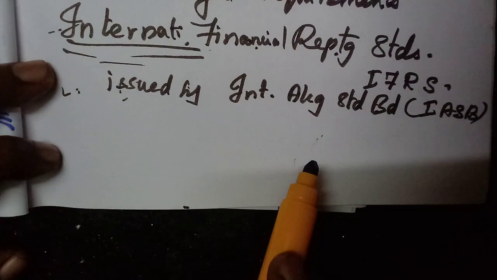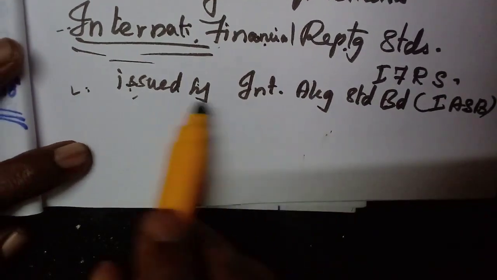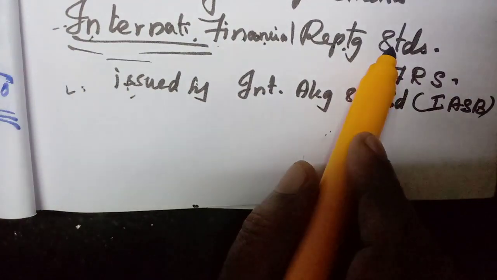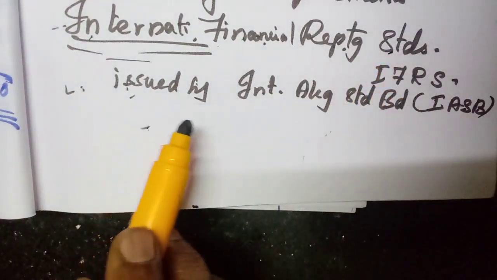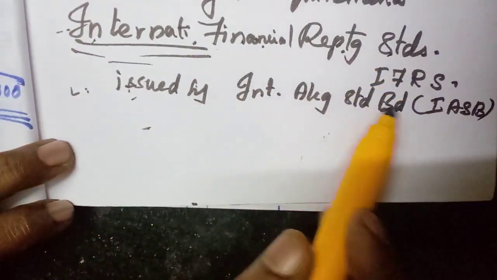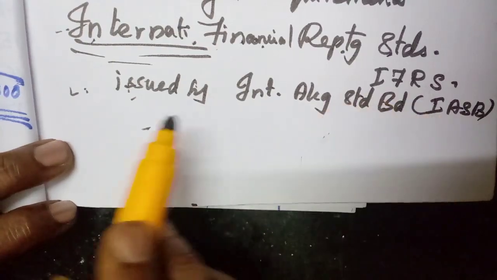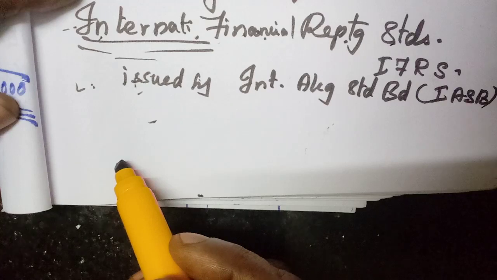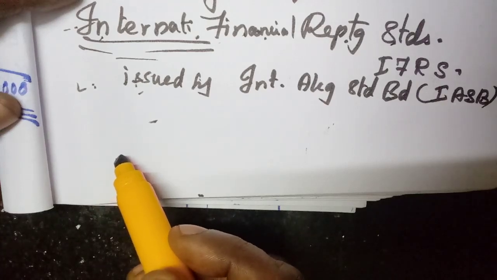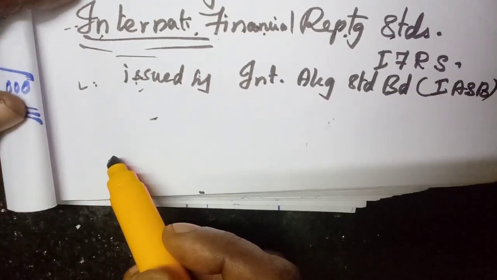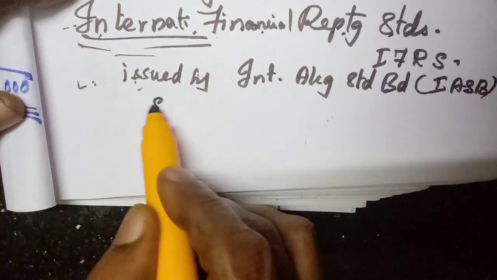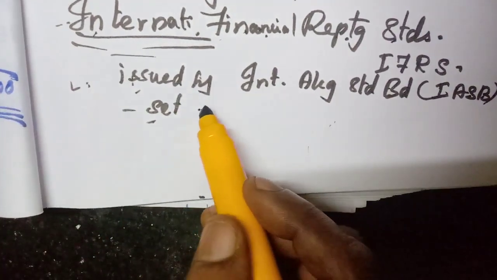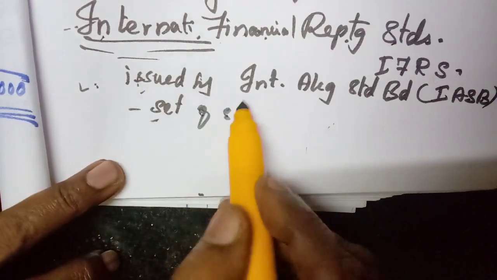Who is issuing this one? These International Financial Reporting Standards are issued by the International Accounting Standard Board, IASB. Now we should know what International Financial Reporting Standards are. They are a set of standards.